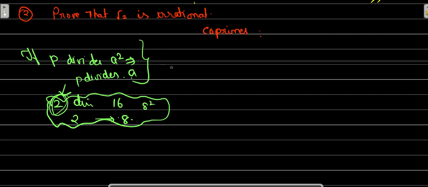When it comes to co-primes, if I write a rational number in the form a by b, and I say that a and b are co-primes, it means there is no common factor other than 1. It means if I try to simplify, if I try to cancel, I cannot cancel further.